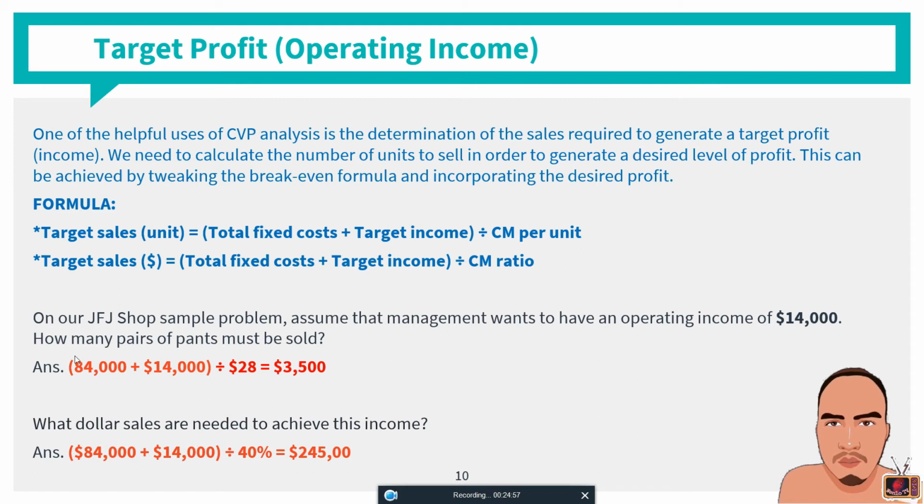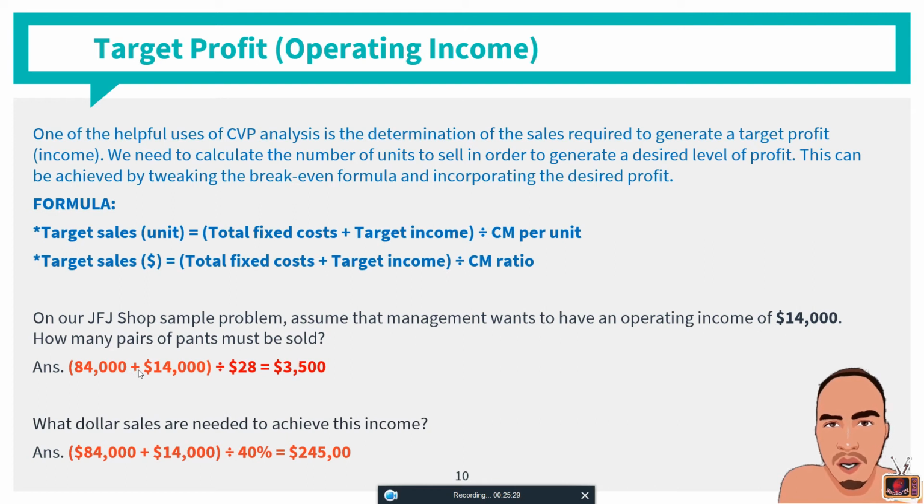As an example, on our JFJ shop sample problem, assume that management wants to have an operating income of $14,000. How many pairs of pants must be sold? So, as discussed in the break-even point, I'm sorry for the dollar sign. So, when we reach the, it's 3,500 units, correction.